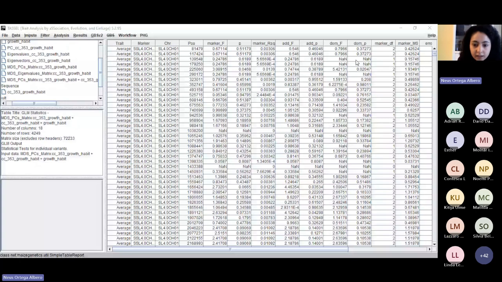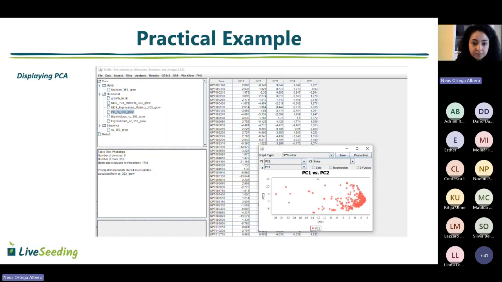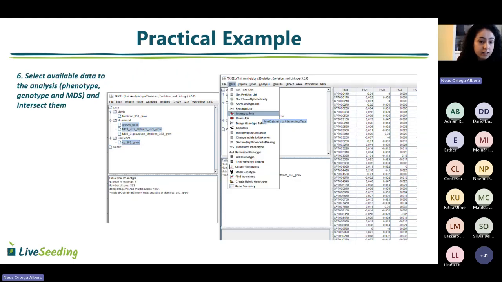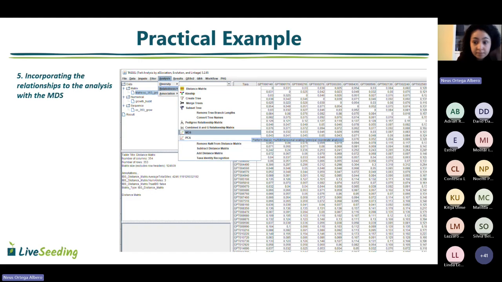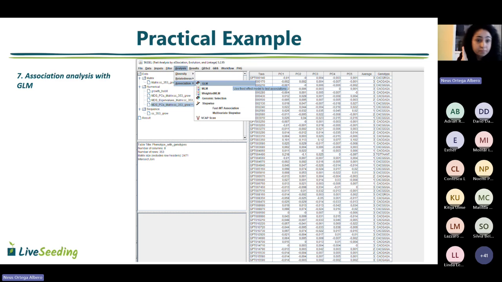Okay, then here. So we have done this PCA. This would be the PCA resulting from the first analysis. Then we calculated the distance matrix, we calculated the MDS matrix, we combined all the information together, the phenotype, the genotype, and the matrix of distance.